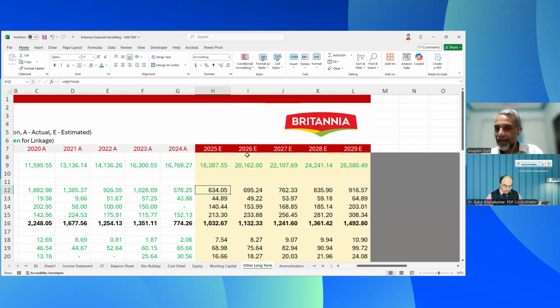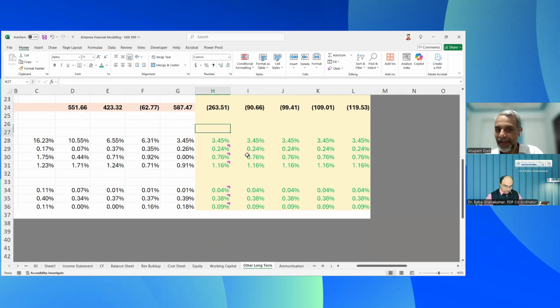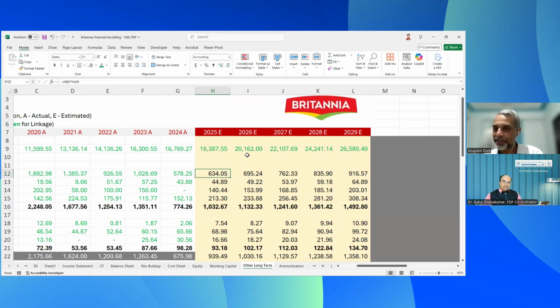Even if we are to make them constant, we will bring them in a different sheet and make them constant. I have used all of these line items as a percentage of sales. So in the bottom area here, we have calculated them as a percentage of sales, and then reverse calculated using this percentage: I multiply it with sales and get these values.